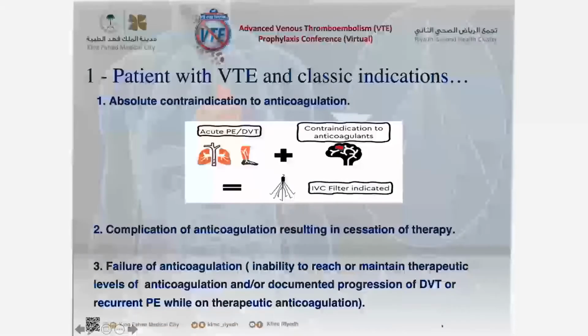Also, if the patient is already on anticoagulation but a complication happened, resulting in cessation of the therapy. Failure of anticoagulation, inability to reach or maintain the therapeutic level of anticoagulation, and/or documented progression of the DVT despite being on a therapeutic dose of anticoagulation.